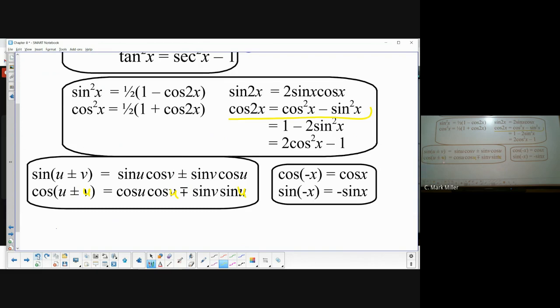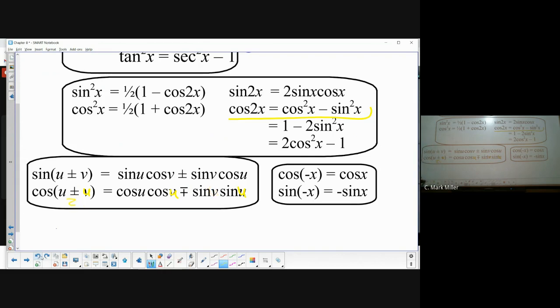But if you had u, this is 2u here. You see here you're going to have cosine u. That's cosine squared right there. And then sine u. Actually, I put the u on the wrong one. That is sine squared.